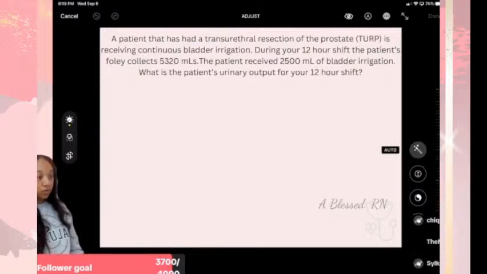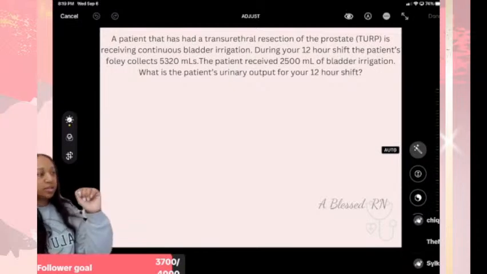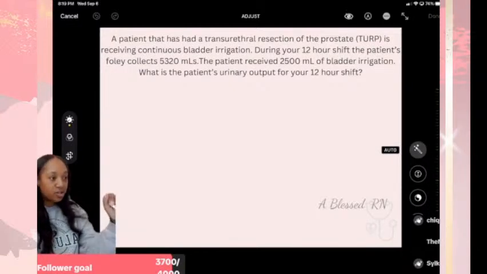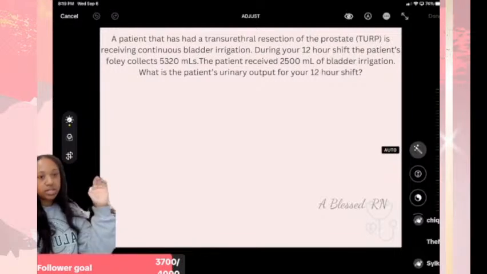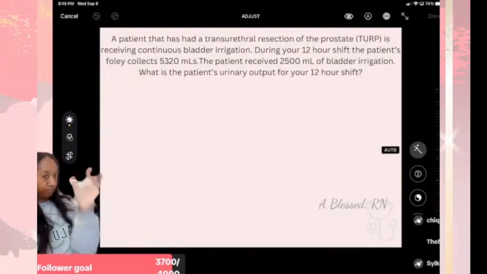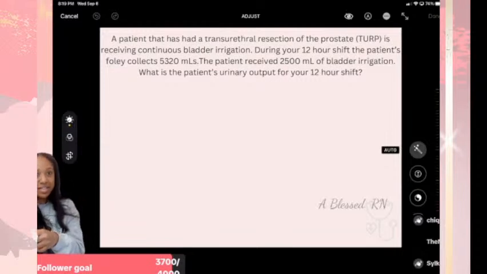So how are we supposed to figure this out, Nursey? Well, we're going to take our CBI, which is your bladder irrigation, and subtract it from what you got in the bag, and that's going to tell you how much urine. A CBI is basically just irrigating the bladder so that clots will not form and plug things up after you've done this surgery.